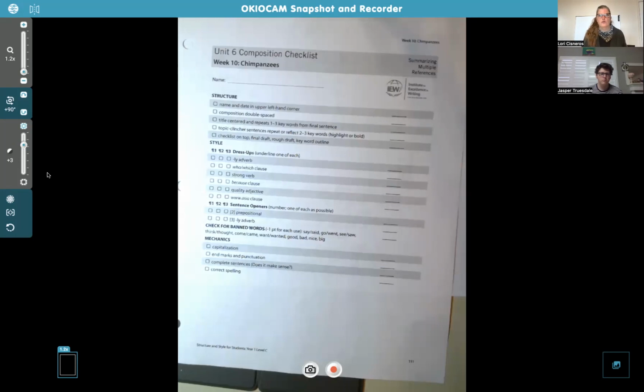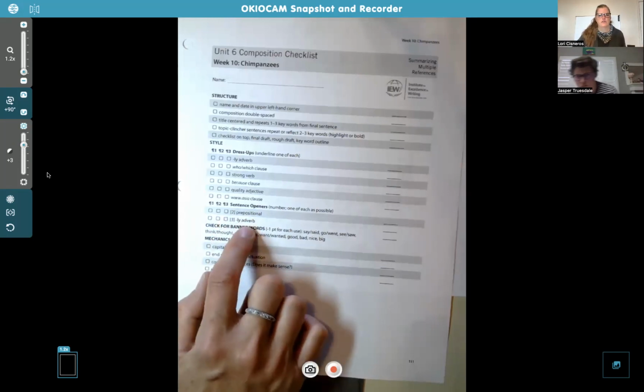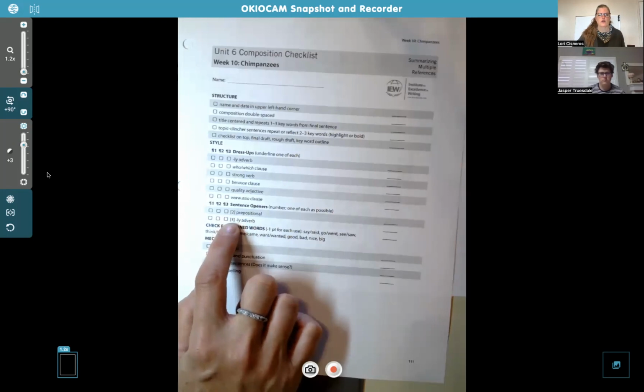Or the word concerning was one, or regarding. So you can choose whether the prepositional opener is an ing opener or not. It's pretty easy. I think you'll be able to figure out which one to use, but those will just have the brackets. There's no need to underline those words. You're just going to put a bracket as your opener.